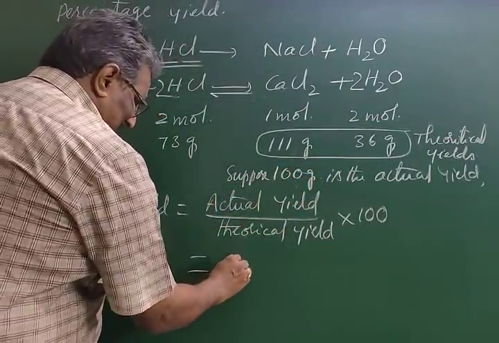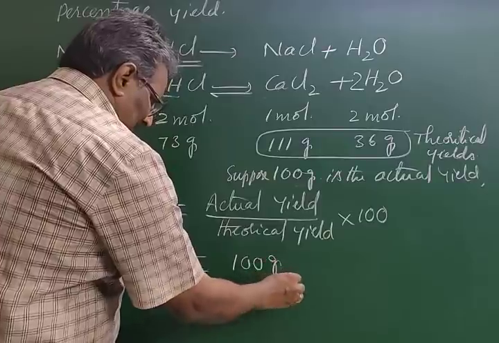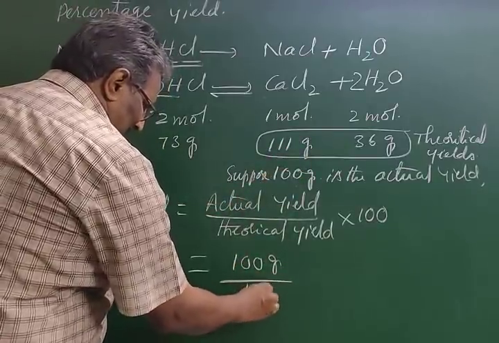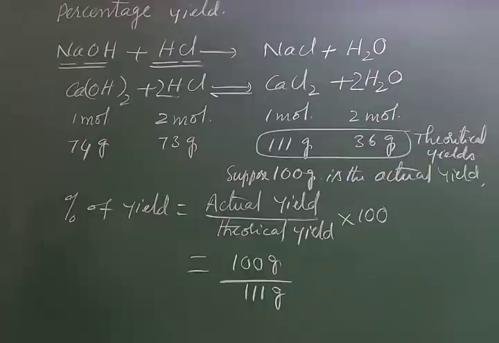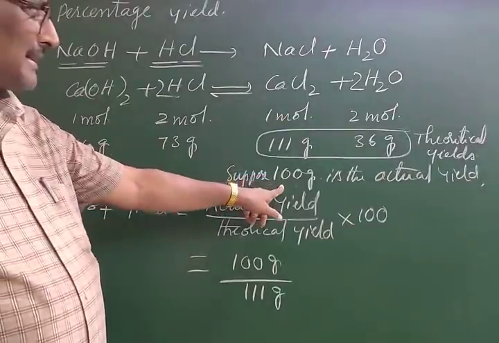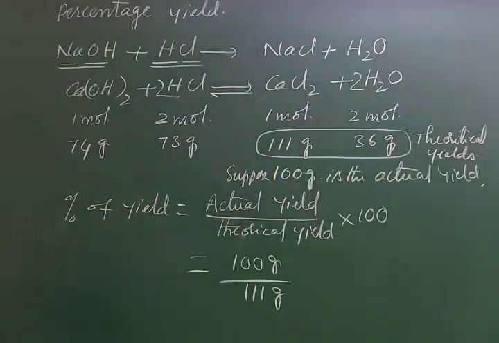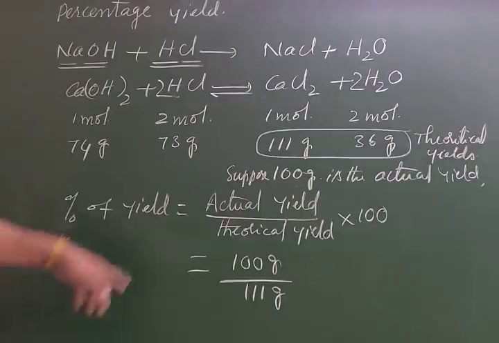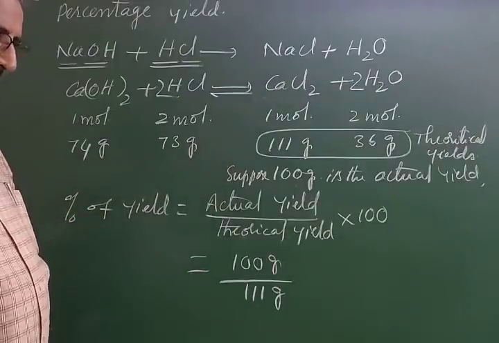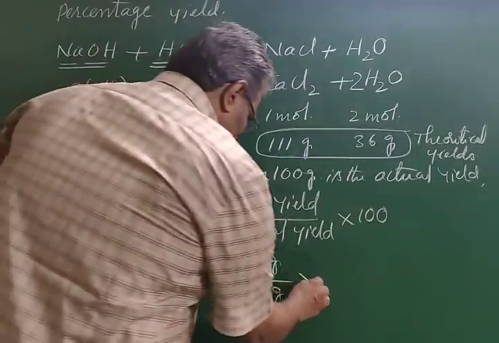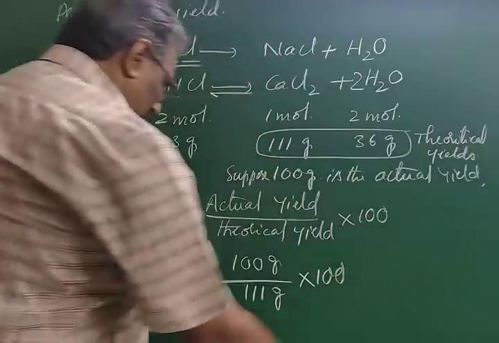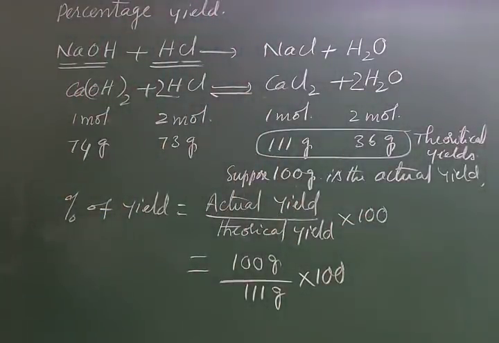We suppose that it is 100 grams. The theoretical yield is 111 grams. Instead of 111 grams of calcium chloride, only 100 grams is formed due to some reasons. What are those reasons? The reaction conditions and the reversibility. Into 100, that is 100 by 111 into 100.